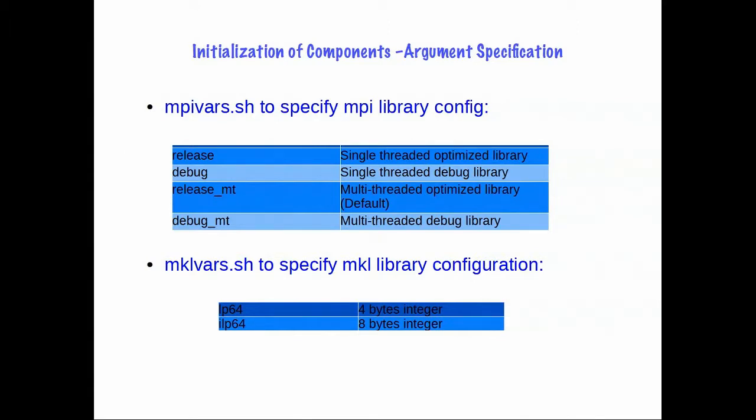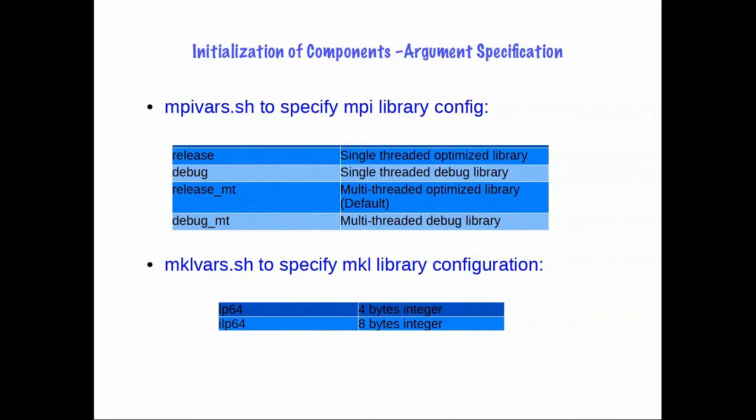Near the bottom here is a similar approach for the MKL library. You may call it mklvars.sh, and you can find this in the root tree of the installed Intel package.